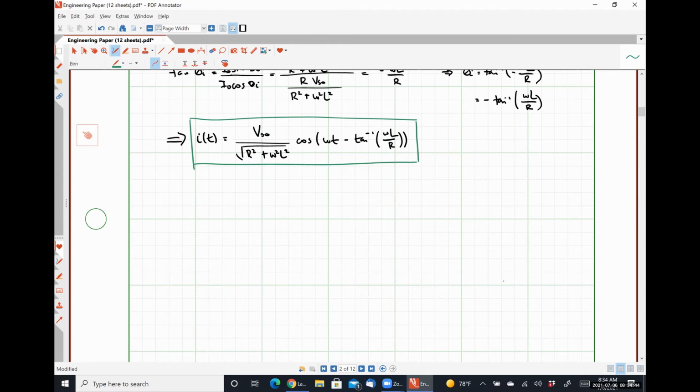All right, so how many of you are familiar with Euler's identity?